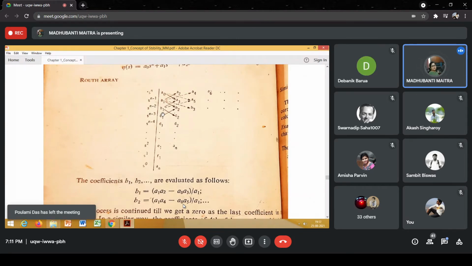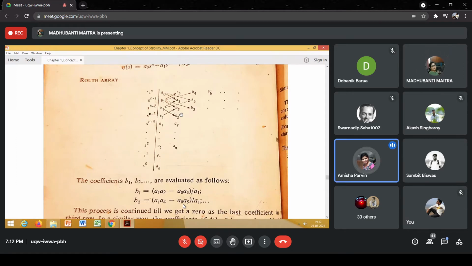We'll follow the same technique. So if we want to calculate C1, right? So we'll have to consider the terms A's and B's. So now, which one will be the key element? Which one will play the role of the pivotal element? B1. Right, B1, this one. So C1 will be B1 into A3.